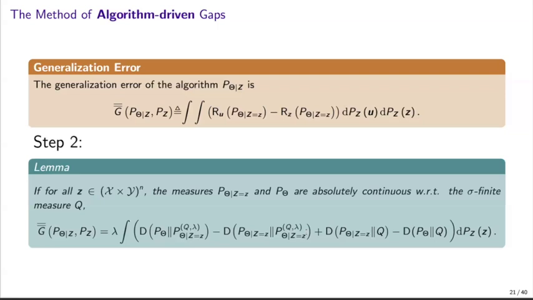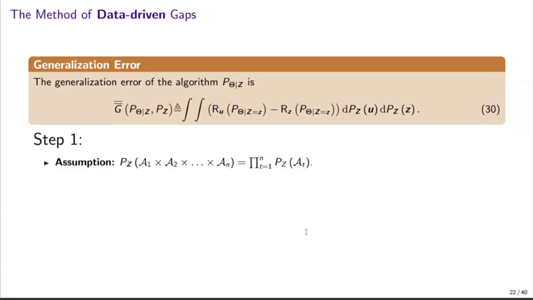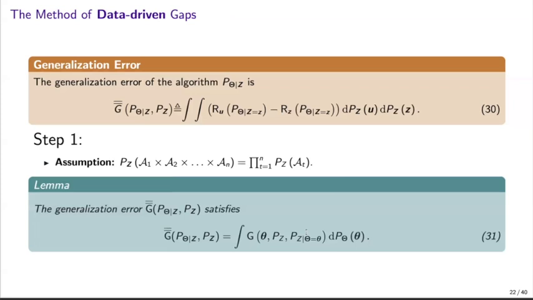Now, if we go to the other variant, the data-driven gap, we are going to obtain that the generalization error is also an expectation of another gap. In this case, there is a variation for a fixed model theta from a measure that is very particular. Why am I saying it is particular?